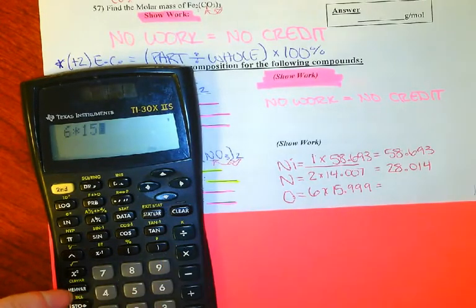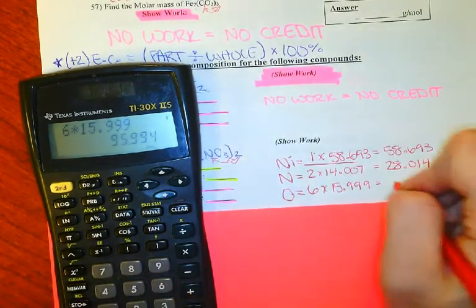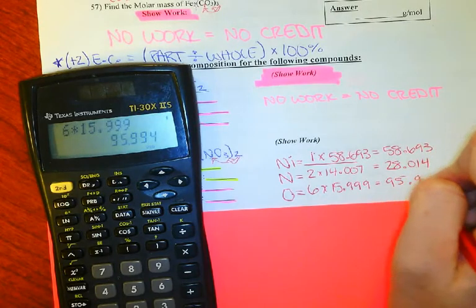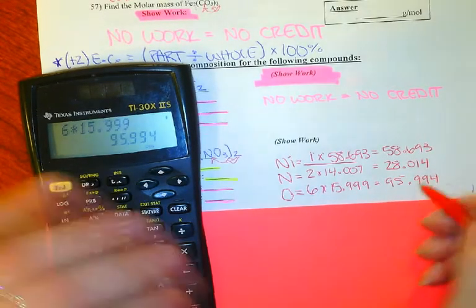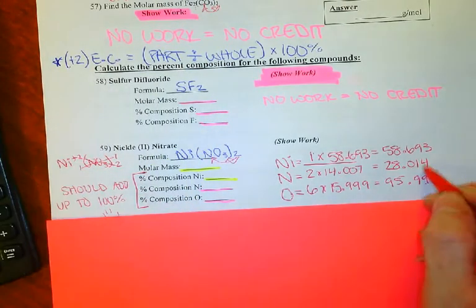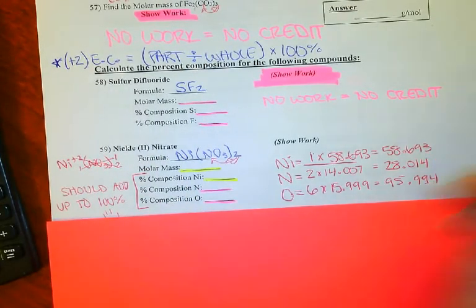So 6 times my oxygen's mass gets me 95.994. So that is my total mass of oxygen, my total mass of nitrogen, my total mass of nickel.